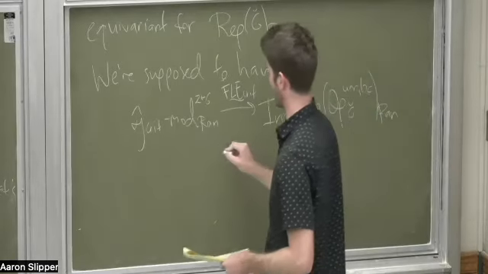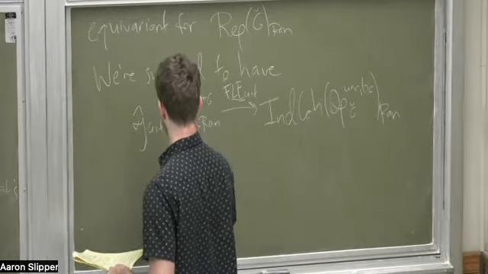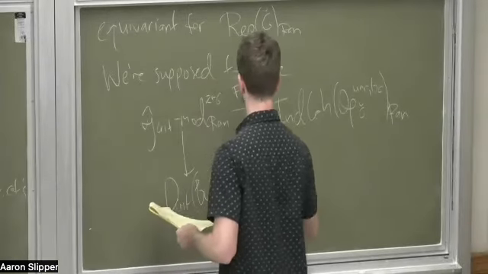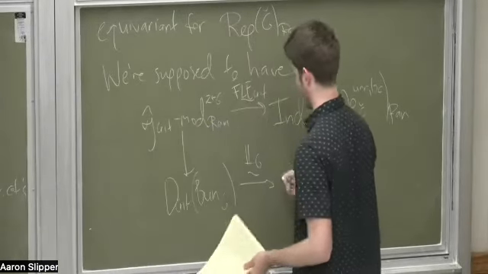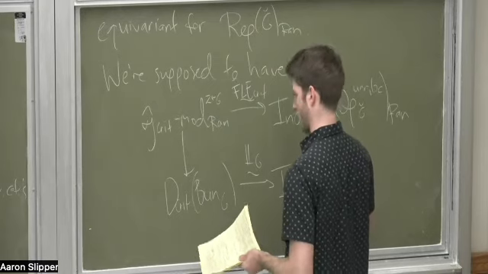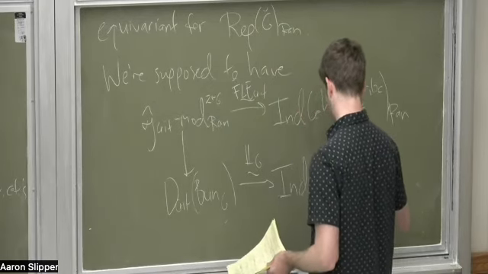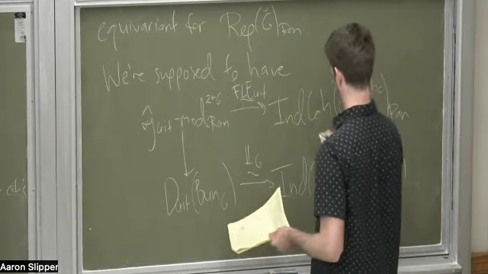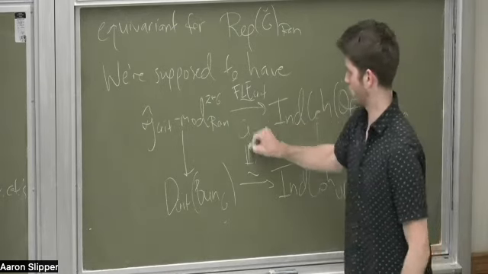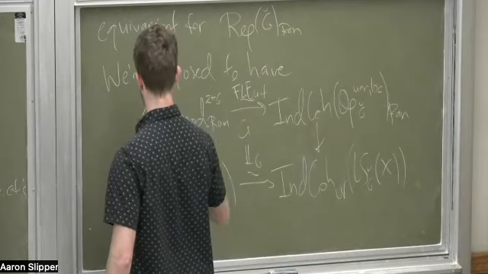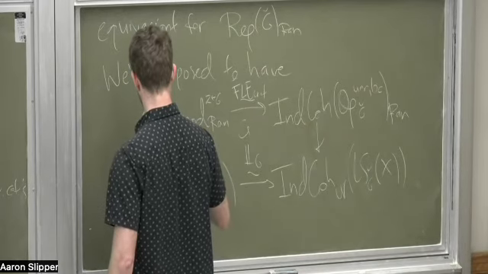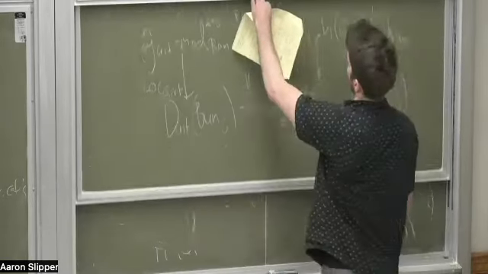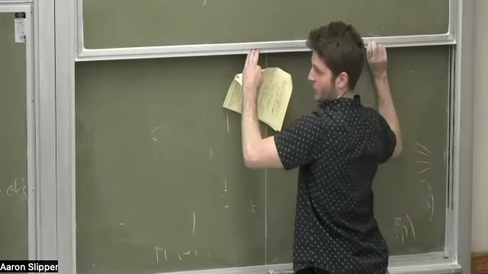So this critical level FLE is supposed to be compatible with the Langlands equivalence in the following sense. So conditional on the global geometric Langlands conjecture, right? That's supposed to identify this category with IndCoh with some singular support condition on locus G check. And this square is supposed to be here. This is localization at critical level. And this is pull-push along a certain correspondence that I wrote in my first talk.